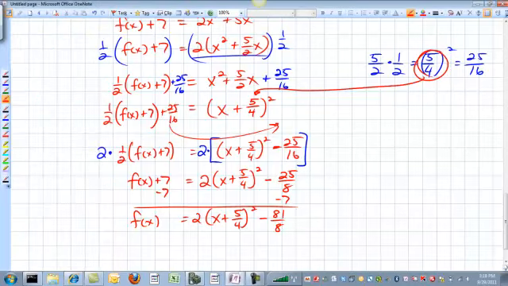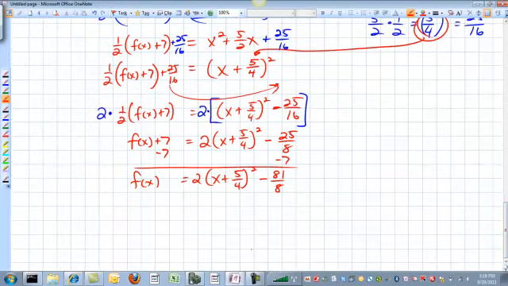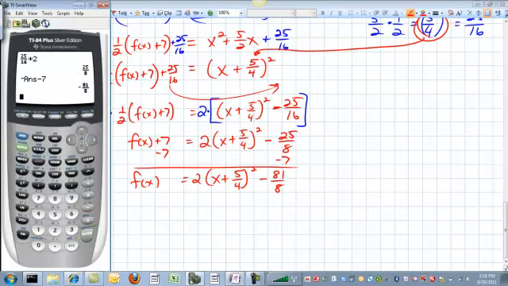If you're one of those people who really like the decimal versions, no, I didn't want it decimal, I wanted that as a fraction. Negative 10.125.